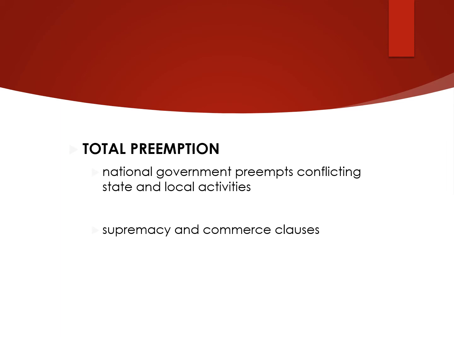Okay, if it gets to the point where the federal government cannot work with the states, then they will come in and completely take over the program. So it's a national government that completely preempts any kind of conflicting state and local activities. And they're able to do this based on two other clauses, these constitutional pillars. One is the supremacy clause that I talked about, and the other one is the commerce clause.